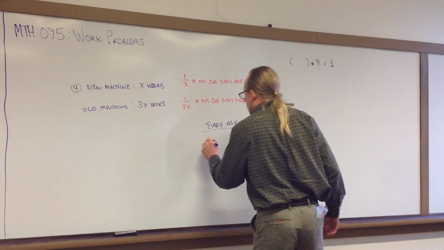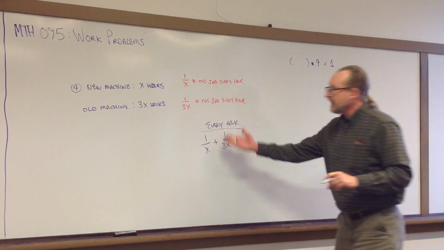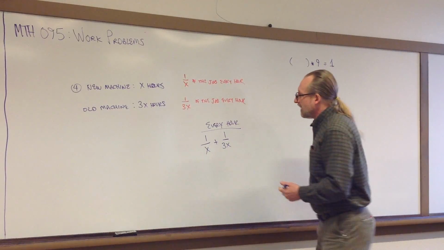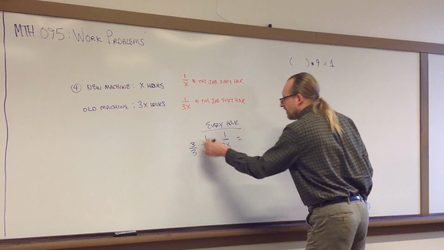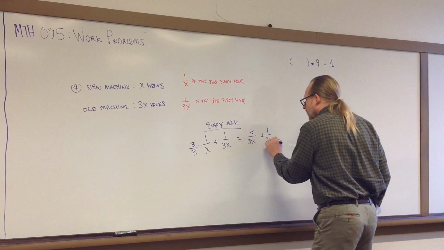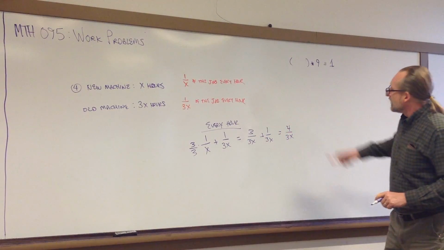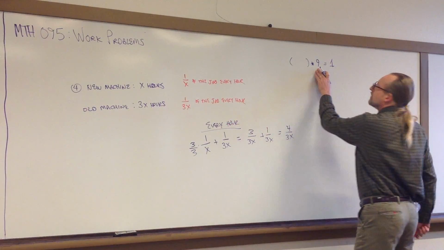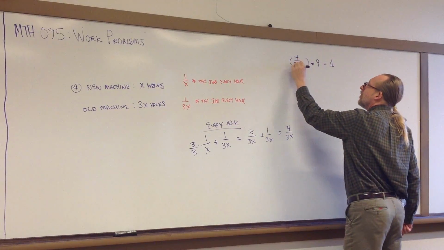So every hour they work together, they're going to complete 1/x plus 1/(3x) of the job. Here you can't really use the calculator, but we can make a common denominator by multiplying the first fraction by 3/3. So this will be 4/(3x). That's the amount of the job that's done every hour. We know it's going to take them 9 hours to complete the whole job.